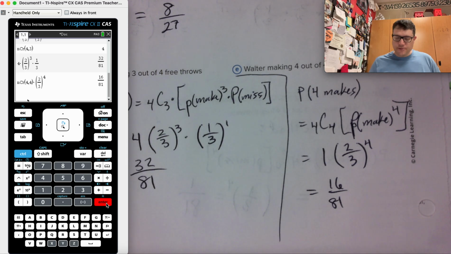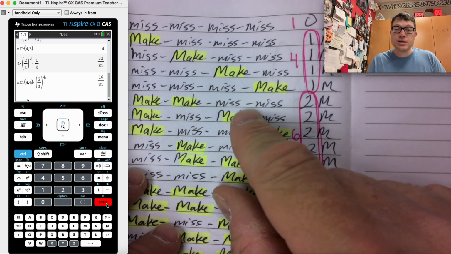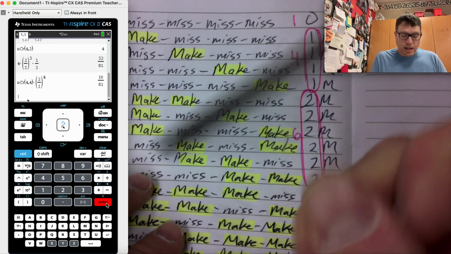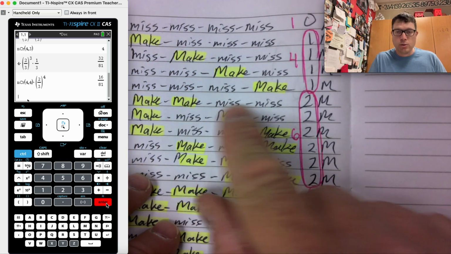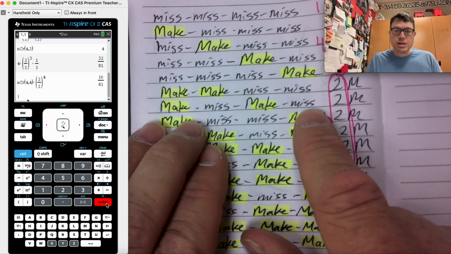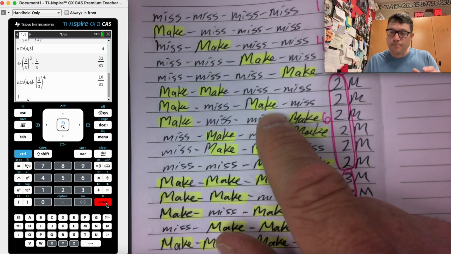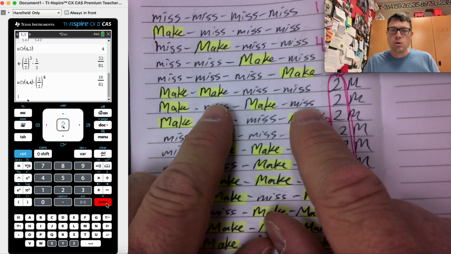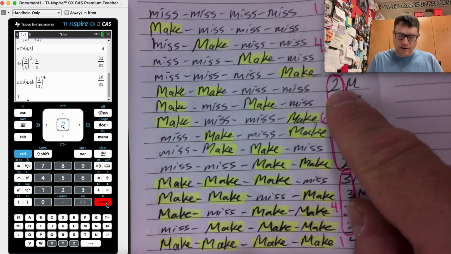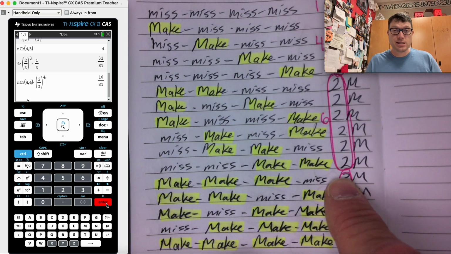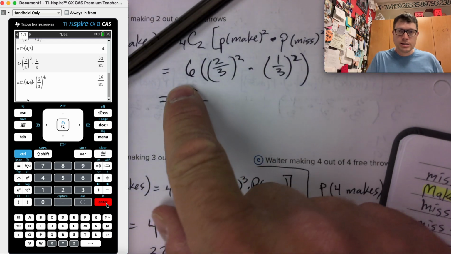It doesn't make a difference how we express the order of makes and misses because their probability here would be 2/3, 2/3, 1/3, 1/3. And in the next row down, 2/3, 2/3 in a different location, but still 2 of them, and then 1/3, 1/3. So you're getting the same probability out of any of these 2 make scenarios. There are 6 of them.